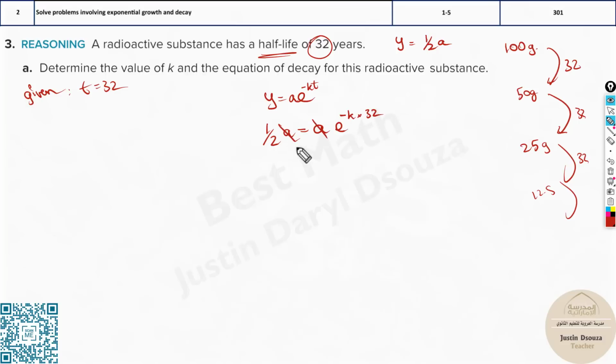Now a and a cancel off over here, so you're remaining with half equals e to the power minus k times 32. Now take ln on both sides. This is ln half equals ln e to the power minus k times 32. Now you can just use your calculator and solve it directly.